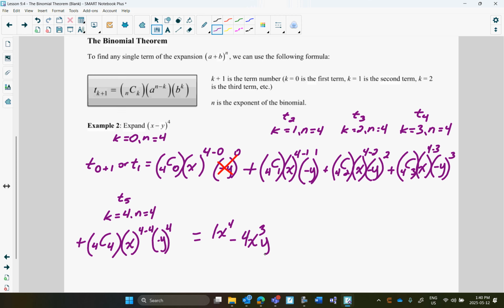This one, 4 choose 2, is, what is it again? 6? Yes. Well, 6. This is x squared. Negative y all squared becomes positive y squared.